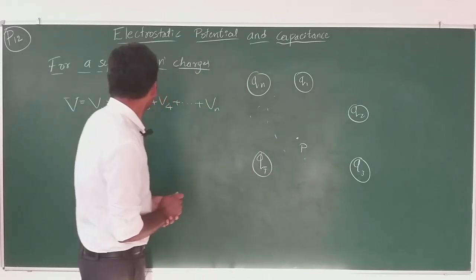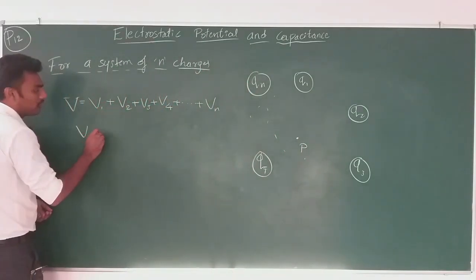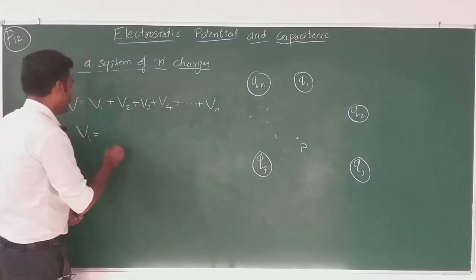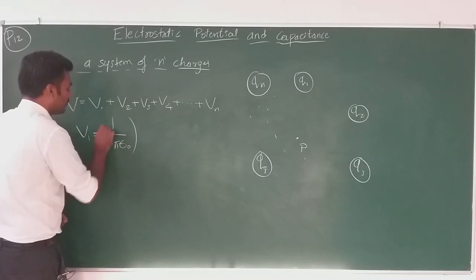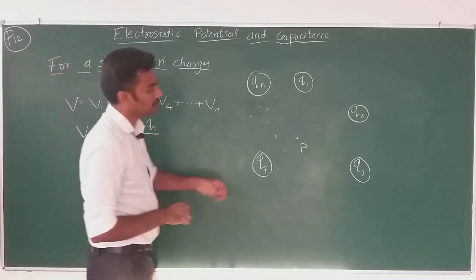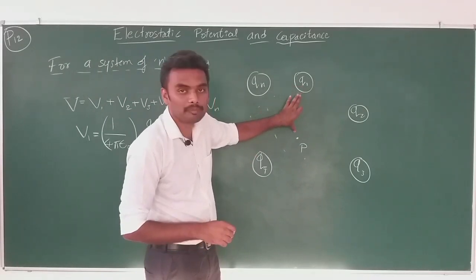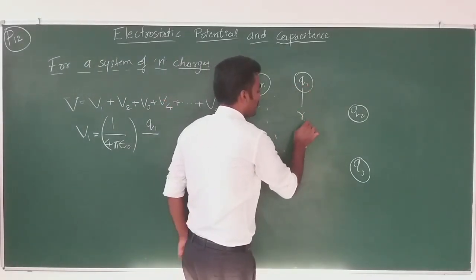So now let me write the expression for V1, that follows for all the other charges. V1 is equal to 1 by 4 pi epsilon naught Q1 by the distance between Q1 and P, which shall be given a name, R1.